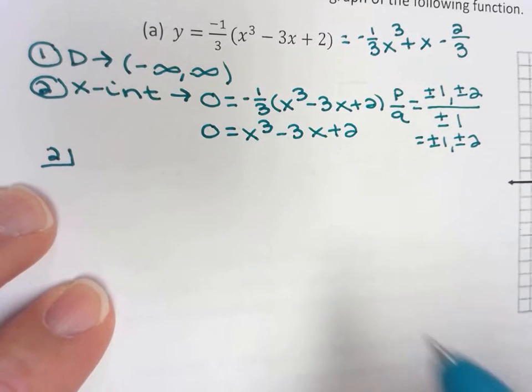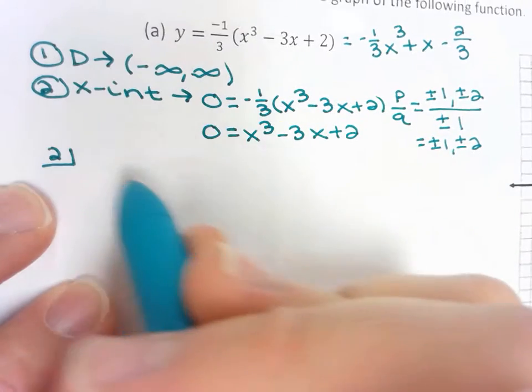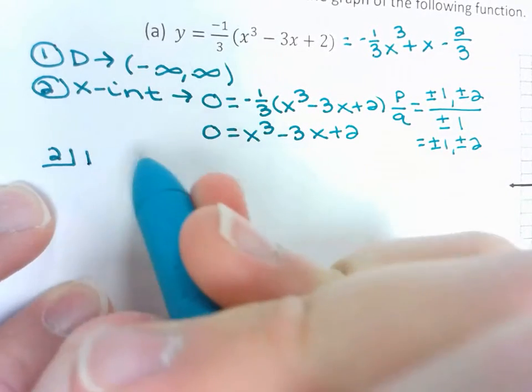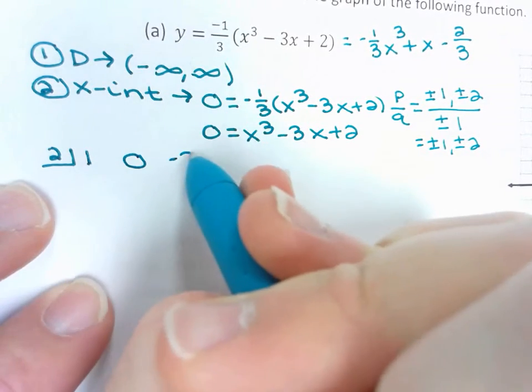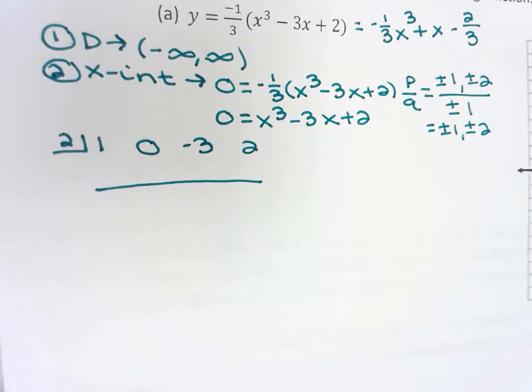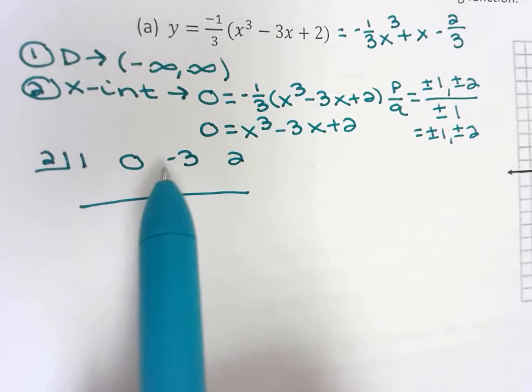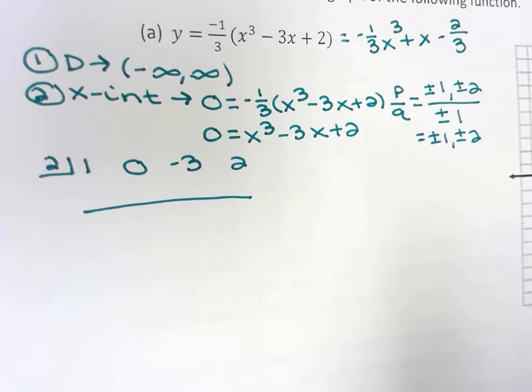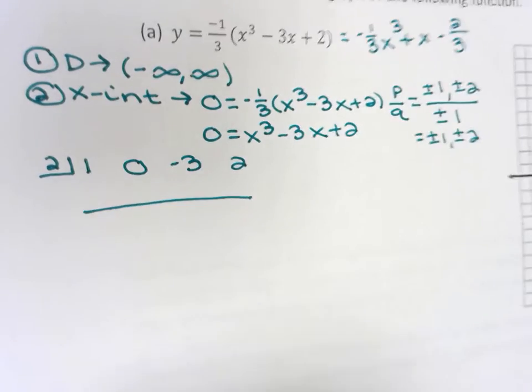So let's check 2. We're going to do synthetic division. So my coefficients go up top: 1, 0, negative 3, and 2. It's ironic that we're like, oh, it says polynomial, and then they make you do this. But it's okay. Make sure you put a 0 because there's no x squared. Let's see if I get a 0.